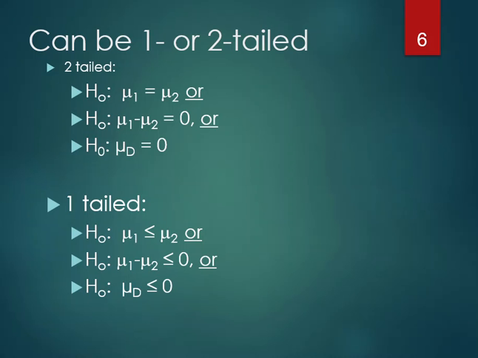That means they're the same. Another way of talking about difference is something minus itself. That's a difference, which is why we have mean difference. That's why we have those three options. I recommend that you stick to the top one, but whatever works best for you, go for it. The one-tailed, again, notice how we have for the null, less than or equal to, so the alternative would be greater than. Same rules as we had previously.